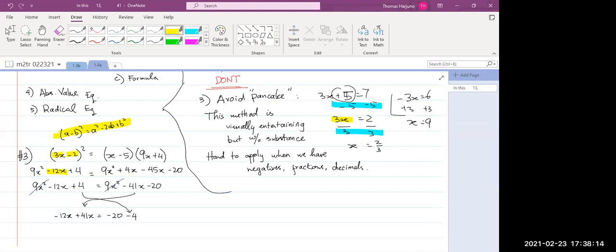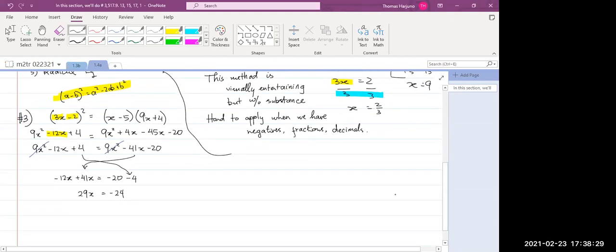Now then, furthermore, we will get, what is this? This is 29x, and this is negative 24. So the final answer will be x equals negative 24 over 29.